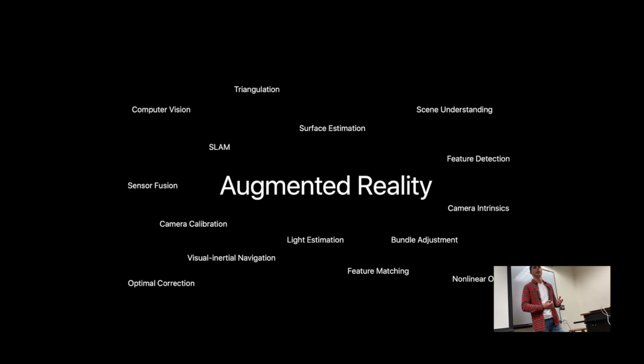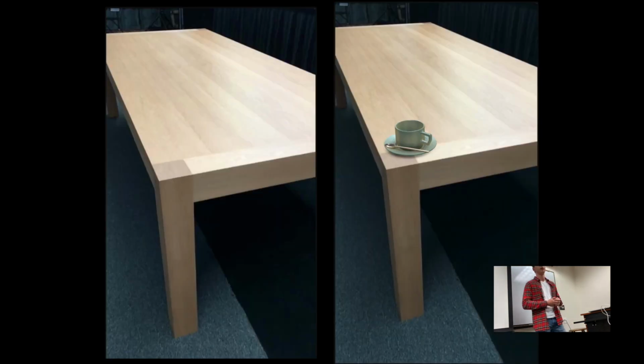So augmented reality is basically placing virtual objects in the real world. It's basically tracking your device in a physical environment and creating real anchors on those objects. So this is an example. We're gonna do something similar today.